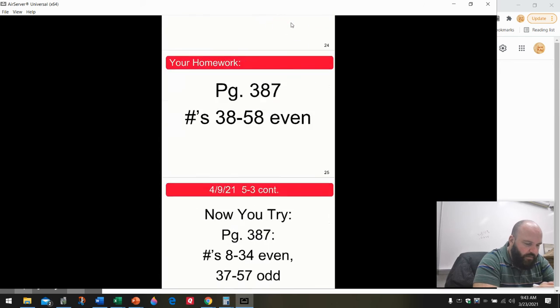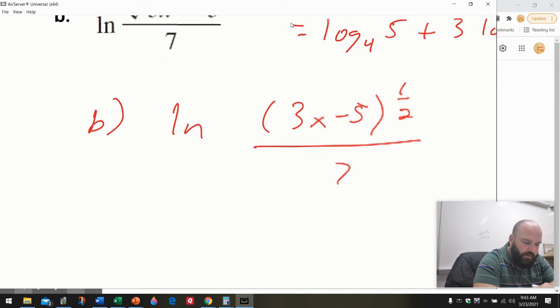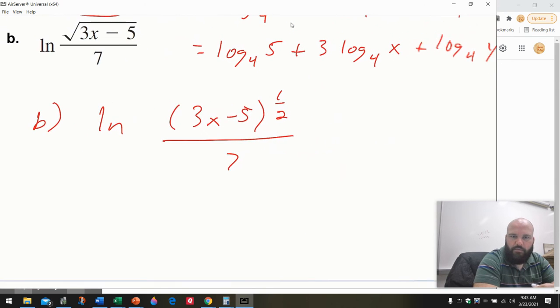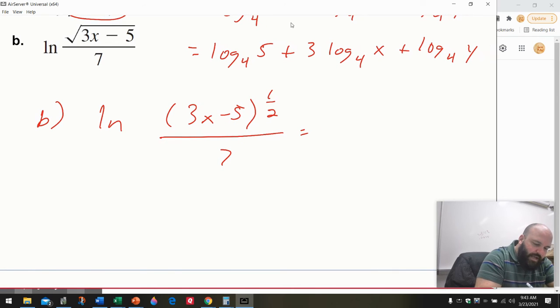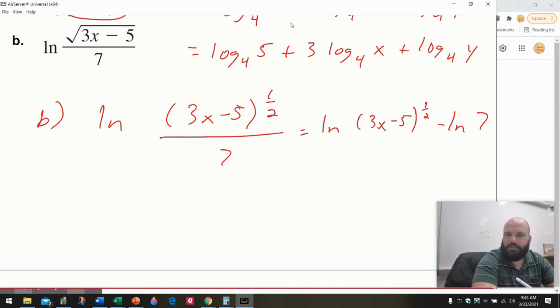So taking the natural log in this case, so that's just log base e, remember, but this will be the natural log of 3x minus 5 to the 1/2 minus the natural log of 7, just like that. Now, we will utilize the power property again to bring this 1/2 down in front of the natural log.